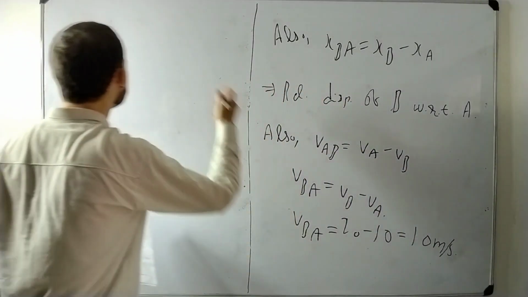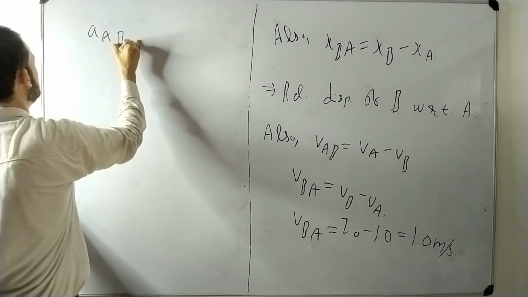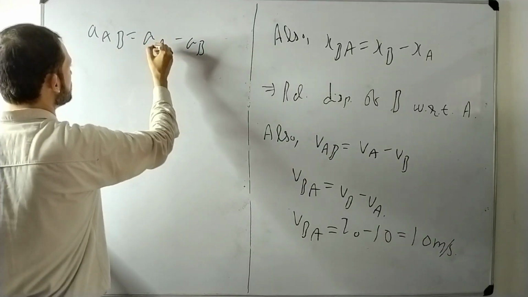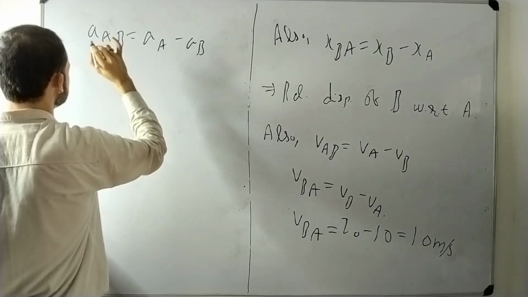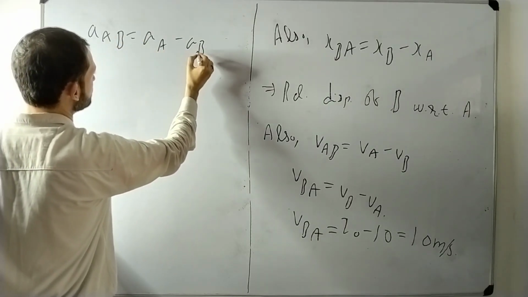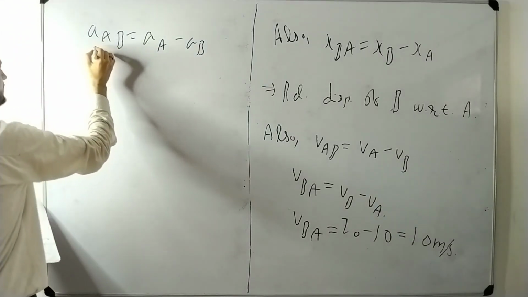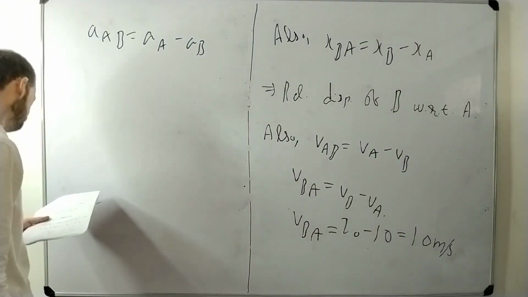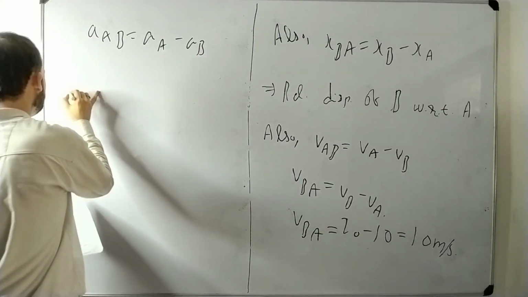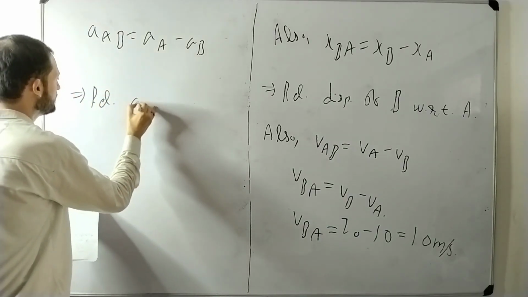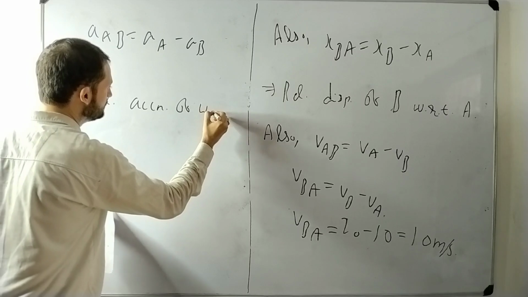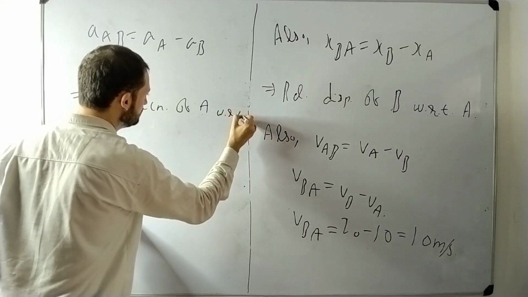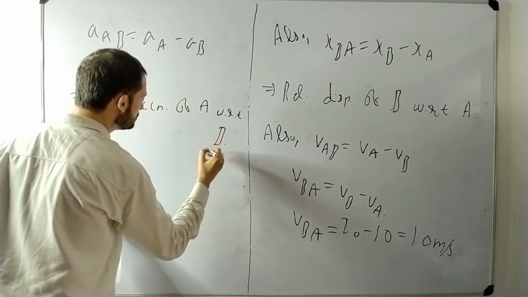Yes, students. So acceleration AB, it is the relative acceleration of A and B. Relative acceleration of A with respect to B is acceleration A minus acceleration B. And I should write it relative acceleration of A with respect to B. Okay.